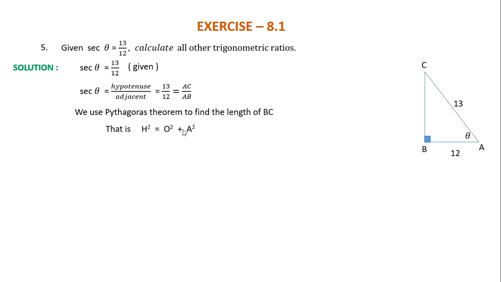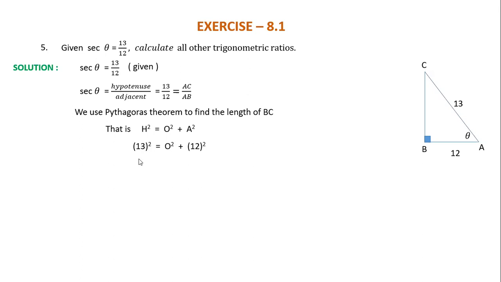They are the first letters of all these things. So H is 13, A is 12, you have to calculate O. If you don't remember the Pythagoras theorem, you can just write it in this form and start writing this way.